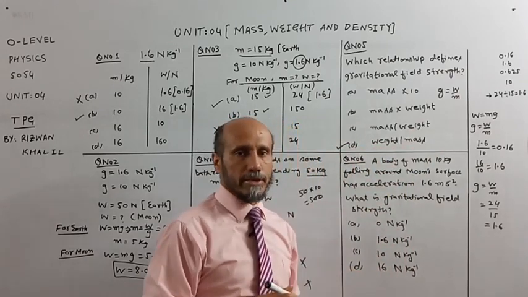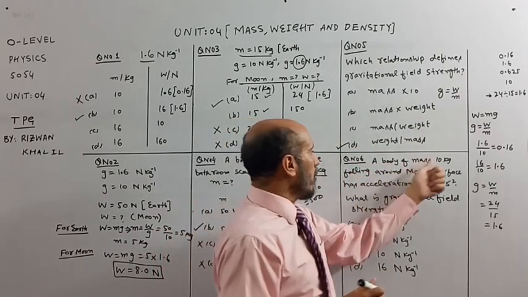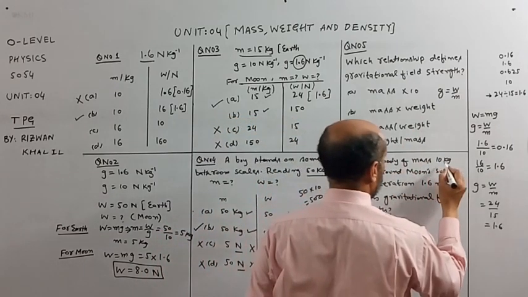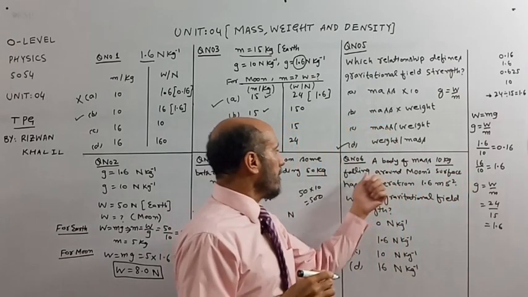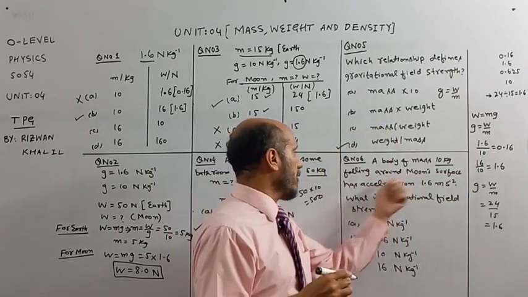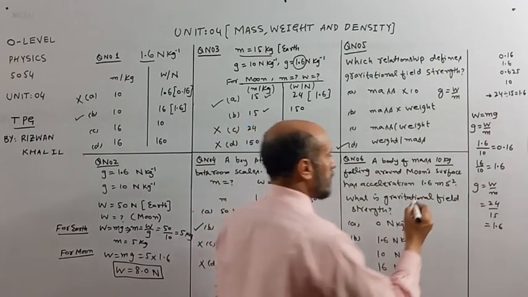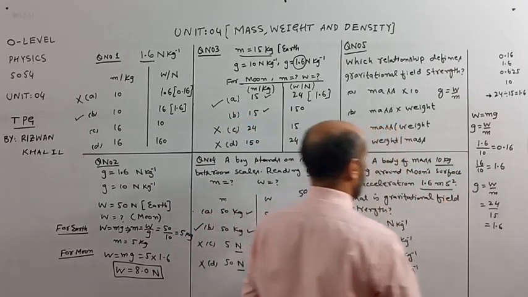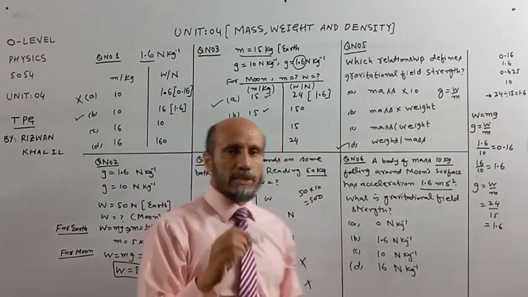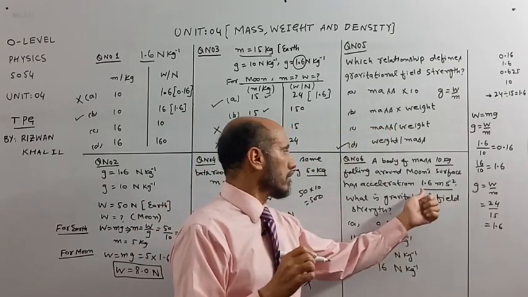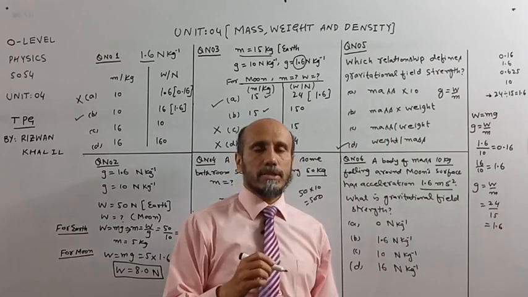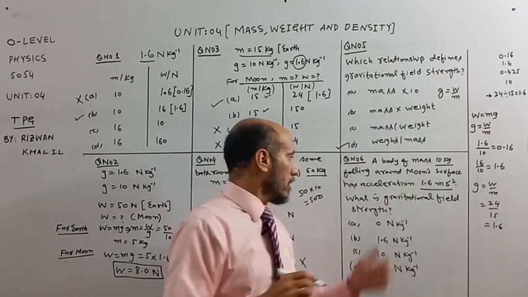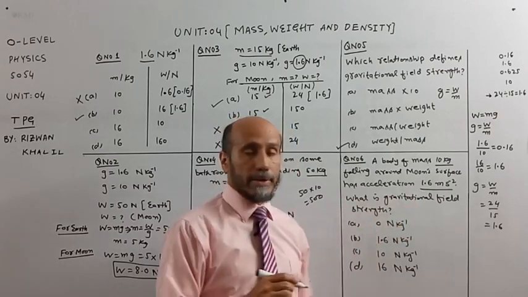Question number 6. A body of mass 10 kg falling around the moon's surface has acceleration 1.6 meter per second square. So mass was given 10 kg and the value of acceleration was 1.6 meter per second square. So what is the gravitational field strength?